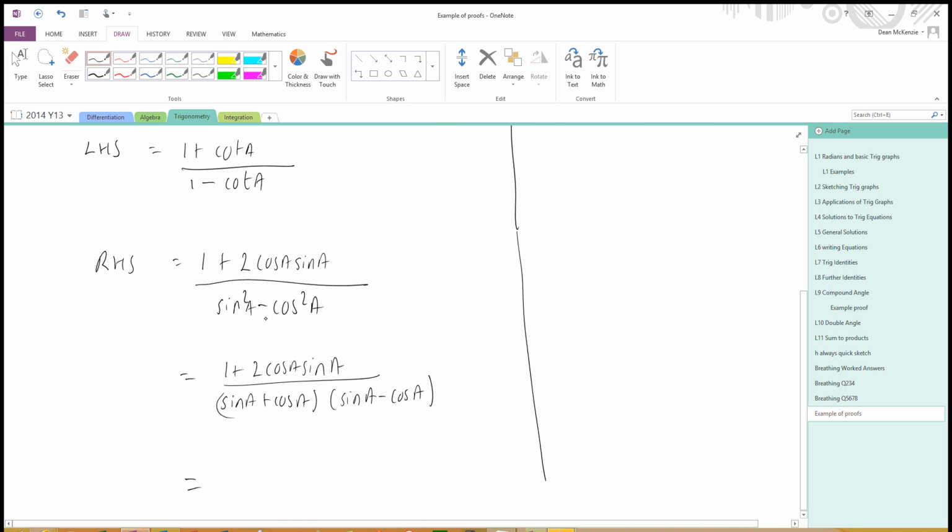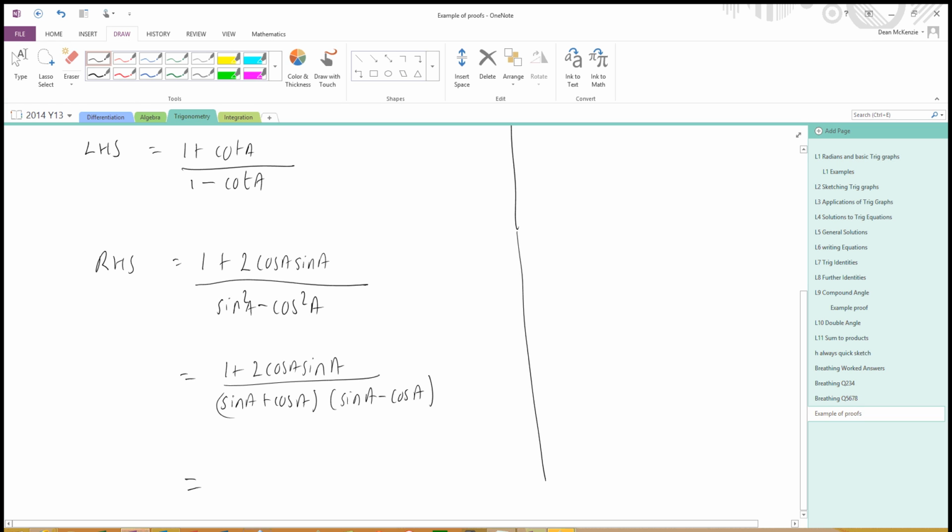Because I know that sine squared A minus cos squared A can factorize into sin A plus cos A times sin A minus cos A. So I've got the bit on the bottom that I'm looking for. What I'm really hoping for now is a sin A plus cos A all squared on the top. If I do, it can cancel out and my proof's almost finished.